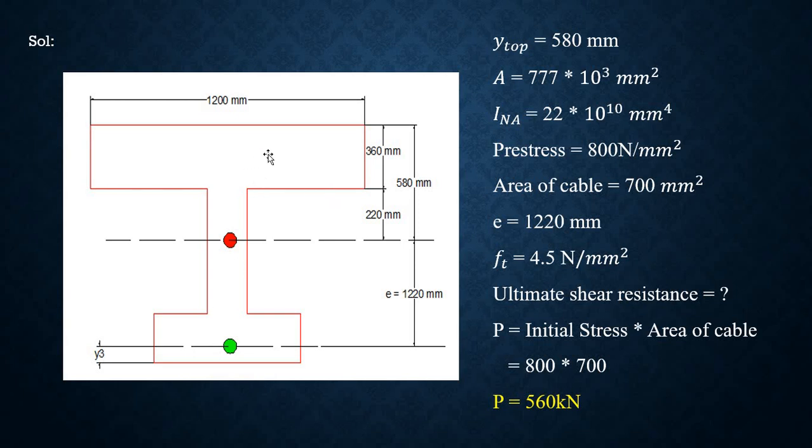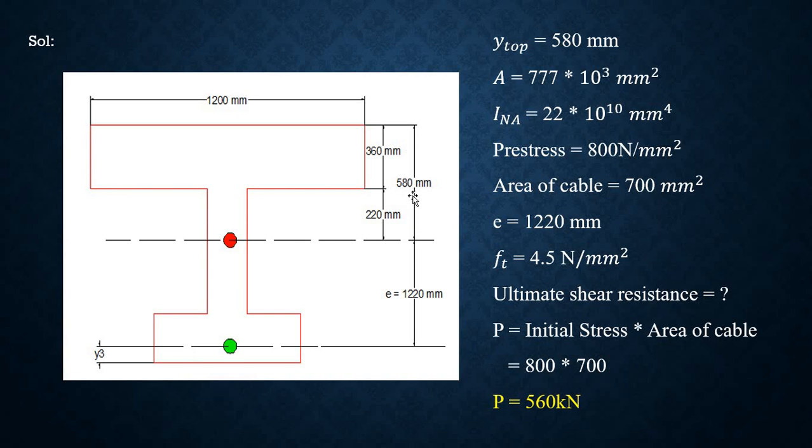So I have just written like this. This red dot is nothing but the centroid of this unsymmetrical I section. Where the centroid of the I section lies means that is here. This green color is centroid. Okay, first I will explain about these things.